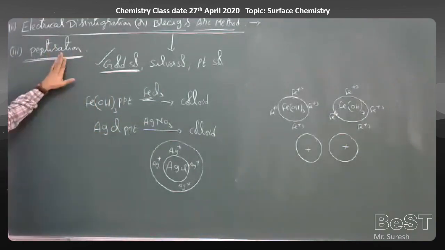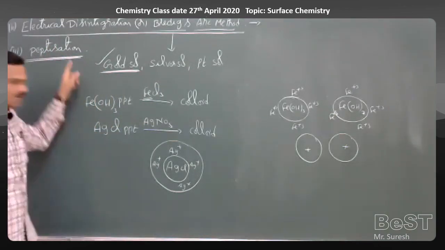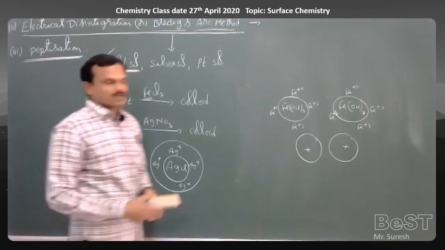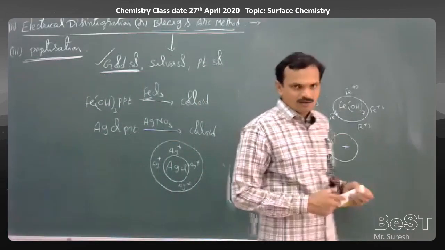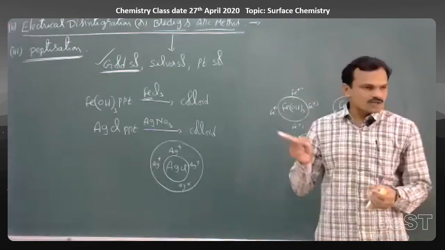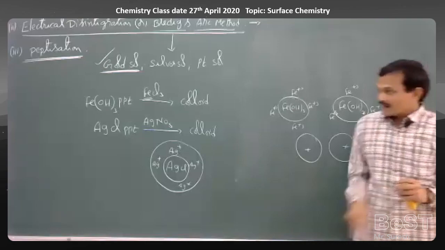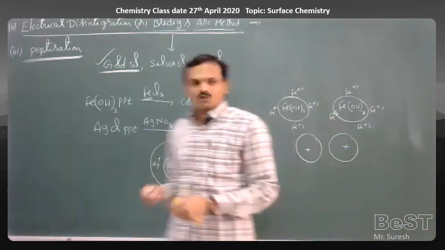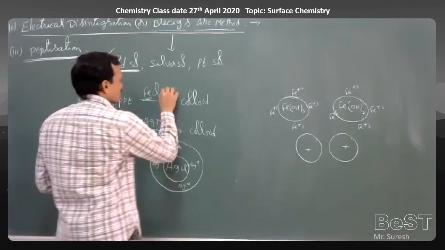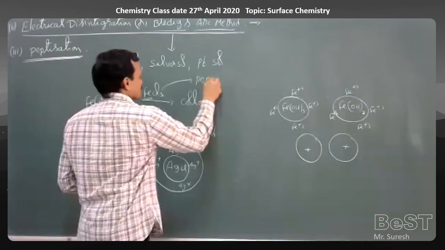So simply, peptidization is nothing but the process of conversion of a freshly prepared precipitate into a colloidal solution by adding a suitable electrolyte. And the electrolyte we are adding is called the peptizing agent.